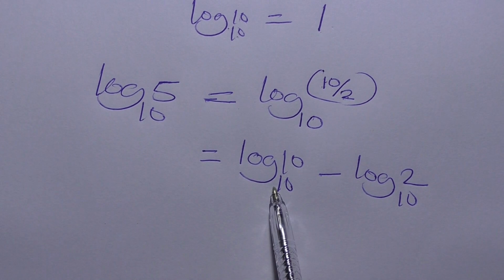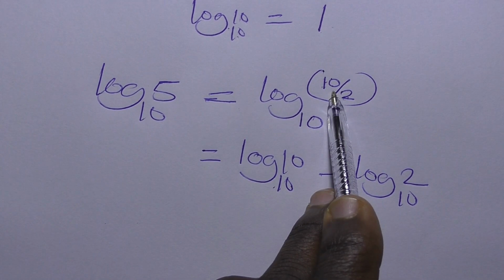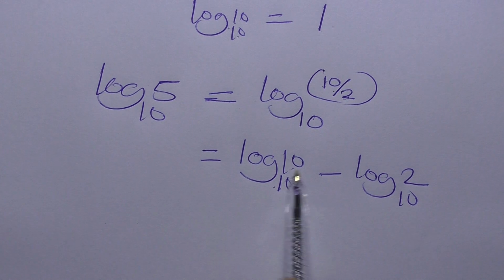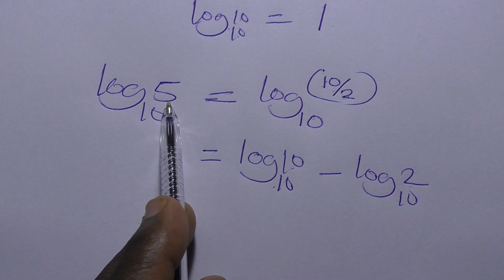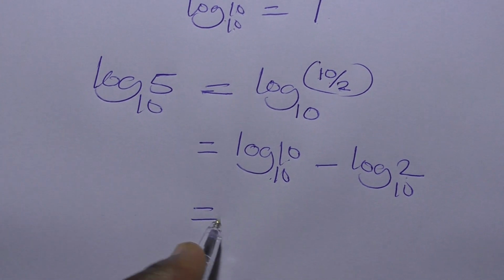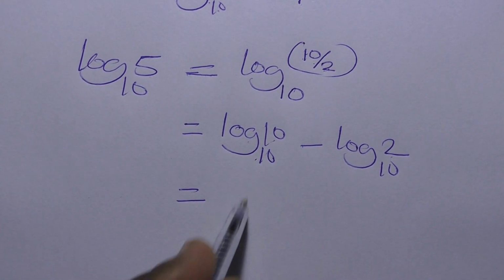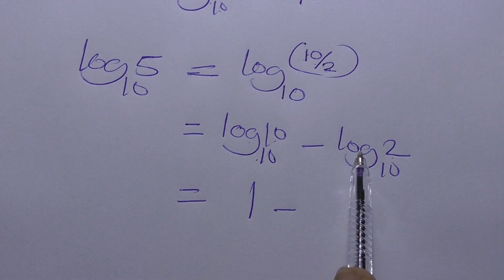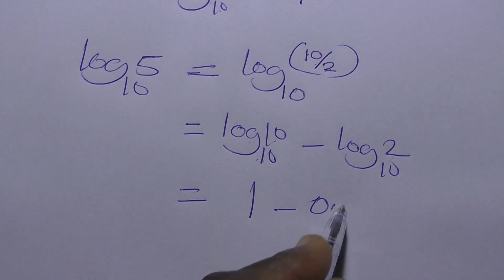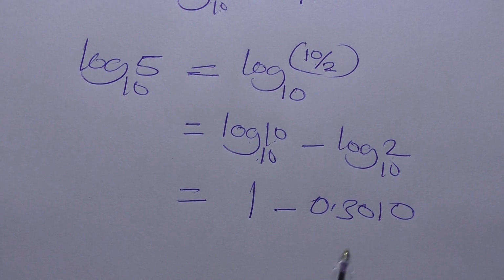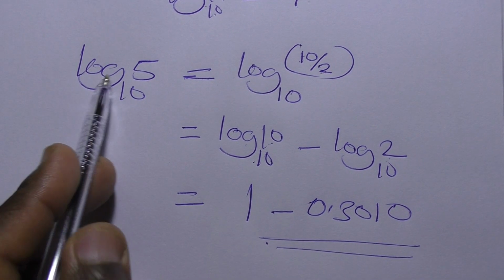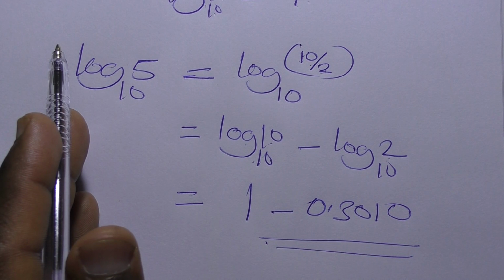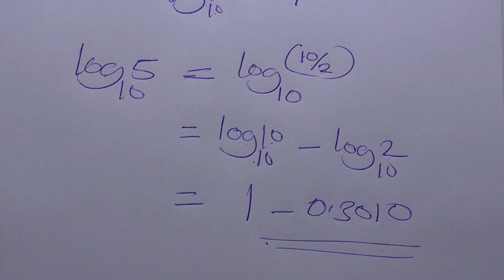From this is where we get that. We divide the first power by the second power to get that, which gives us 5. So, since log 10 is 1, and we are given log 10 of 2 as 0.3010, we can subtract to get the logarithm of 5. I will stop there. Hope we are together.